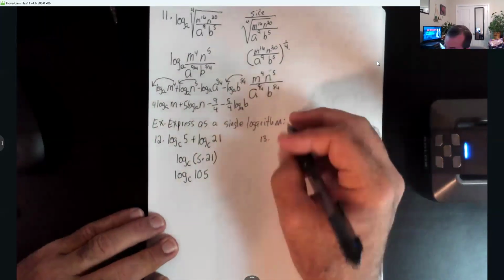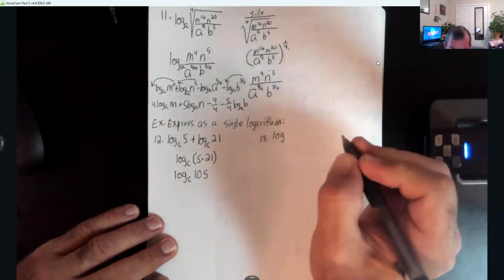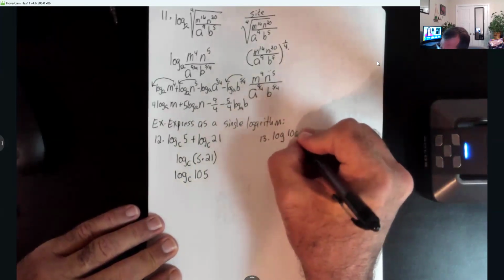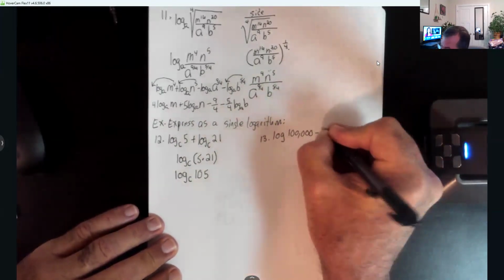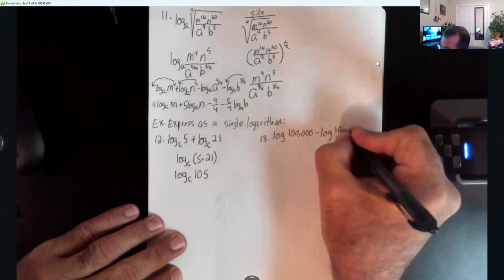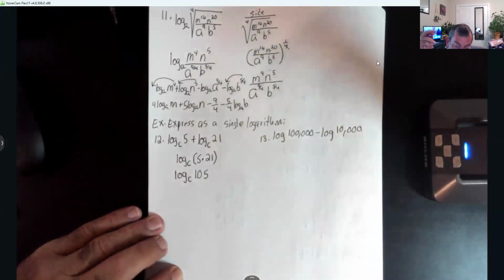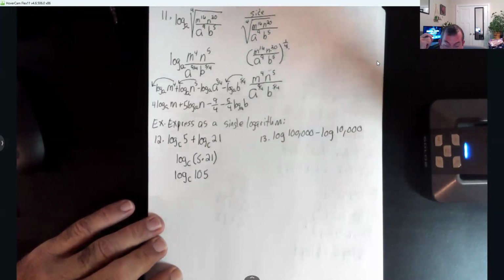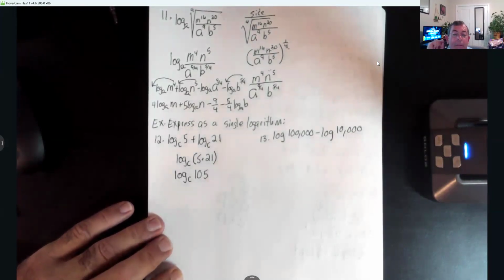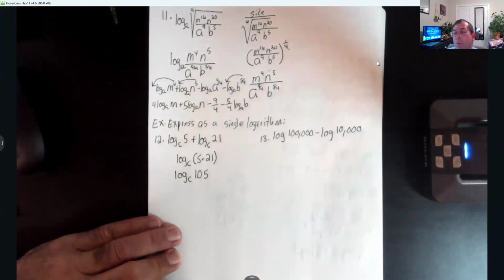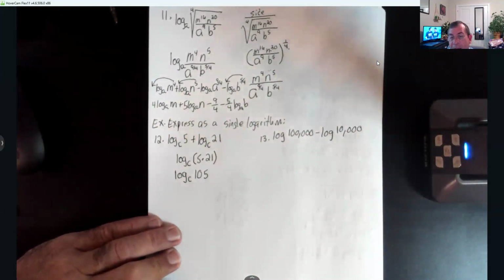All right, so let's see what we got here. A log of 100,000 minus a log of 10,000. All right, so they're being subtracted. So when we ended up with a difference like this, we started with a quotient that looked like a fraction.